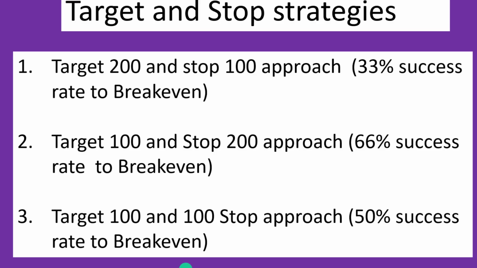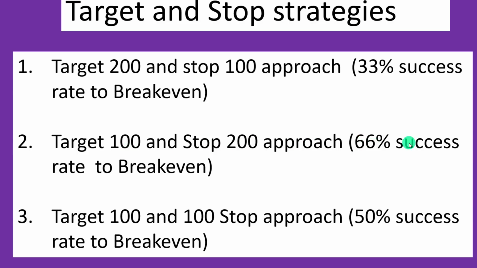Okay, so as I've explained, the one strategy is a big target and a small stop. The other one is a small stop and a big target. Now, in these examples that I've mentioned here, you need a 33% success rate to break even. 33% success rate to break even. So in other words, out of 3 deals, 2 can be wrong and you'll still break even. This way, you have a small target and a big stop.